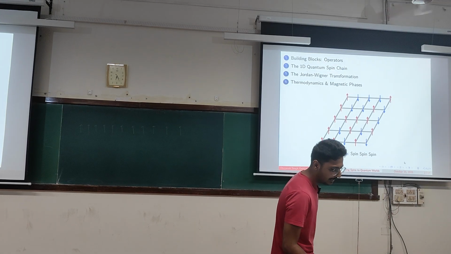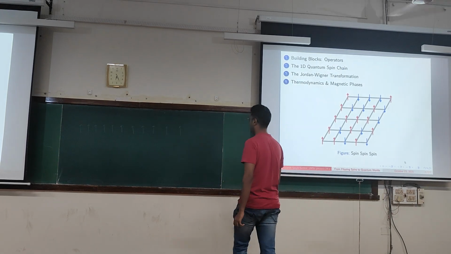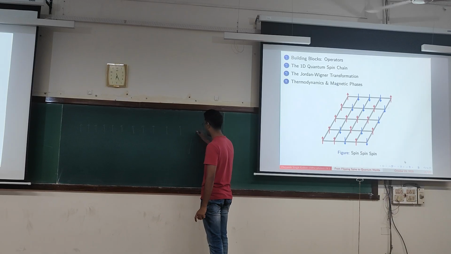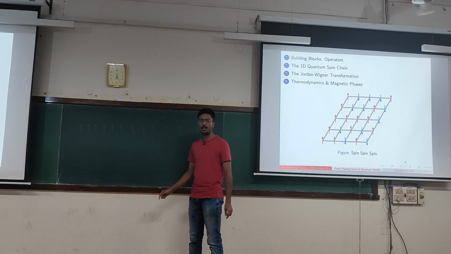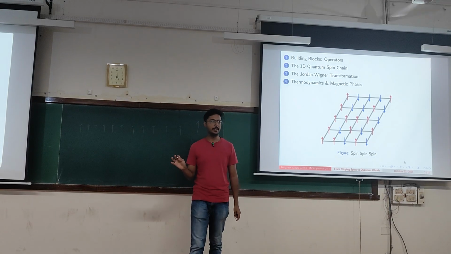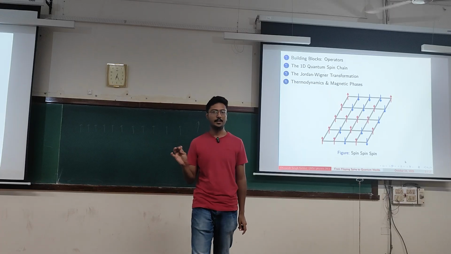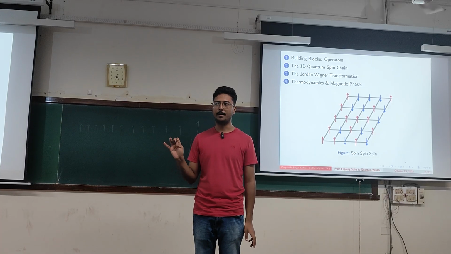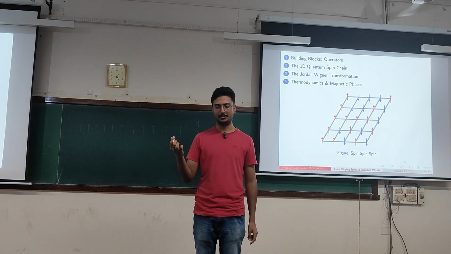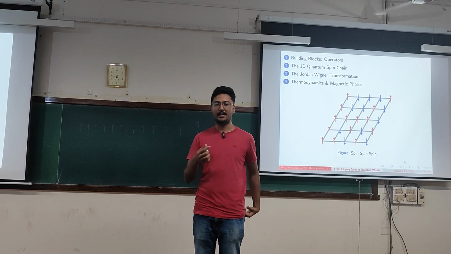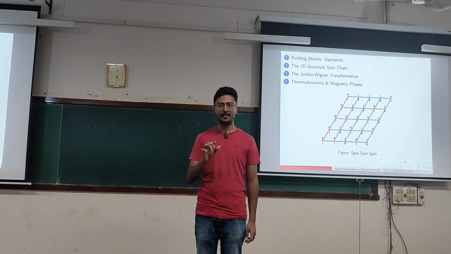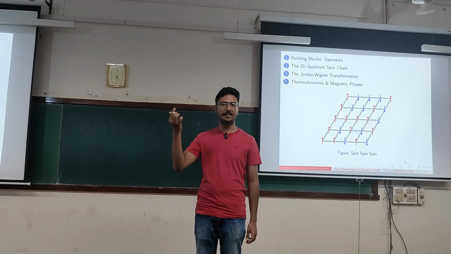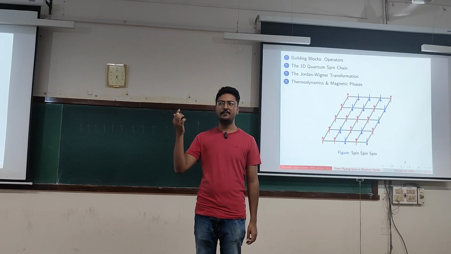As we all know, spins are up and down. We are talking here about a material which has a fixed lattice, where the lattice sites are bound, and on each lattice site there are electrons, mostly free electrons.